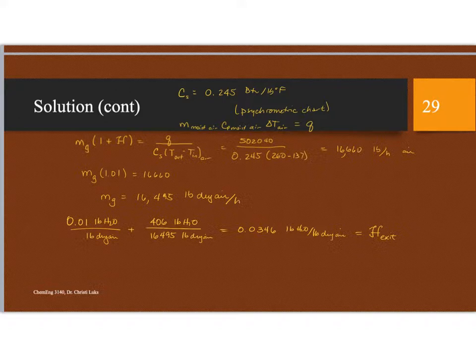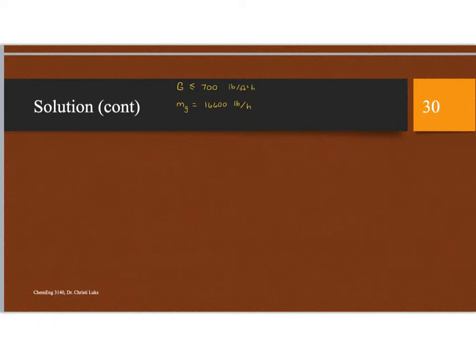So at this point we have figured out all of the basic mass and energy balance components. We've got temperatures, we've got flow rates. What we have left to do is to start analyzing the size of the dryer. All right, so we have found that the mass flow rate of the wet gas is 16,600 pounds per hour, and we were told that G needed to be less than or equal to 700 pounds per square foot per hour.